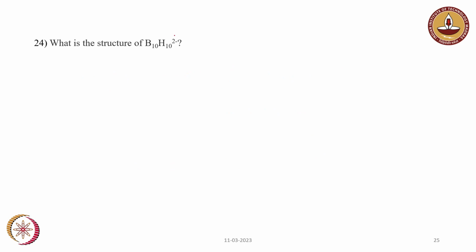Next question is what is the structure of B10H10 2 minus? Here 10 borons are present, so 10 into 3, with 3 valence electrons for each boron, so a total of 30 from boron. Then 10 hydrogens are present, 10 into 1 from hydrogen. Then 2 negative charges are present. Then 10 BH units are present.